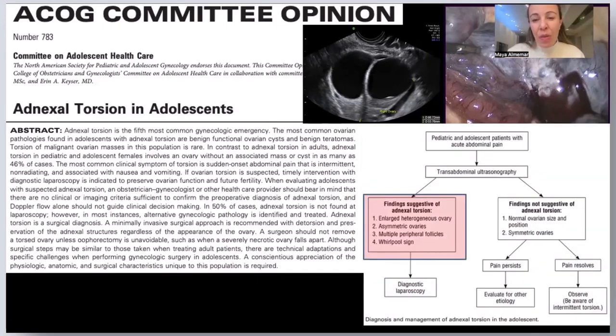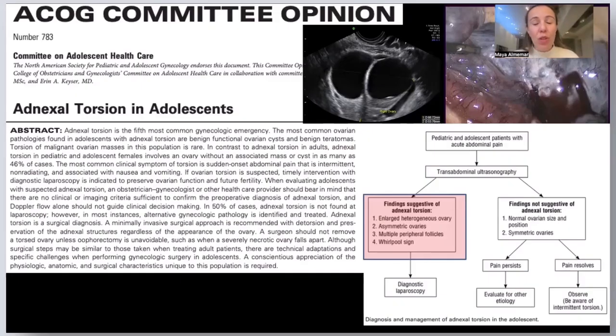And there are ultrasound features that may lead you to be more suspicious of torsion. For example, an enlarged ovary, particularly when compared to the other side. You may see peripheral follicles, an ovary that is in an unusual position, free fluid, and the described whirlpool sign and changes in Doppler flow.